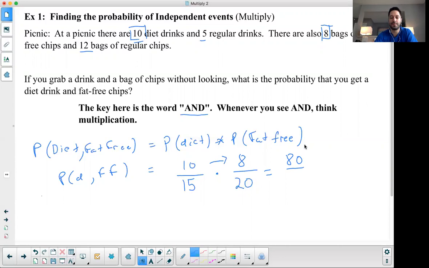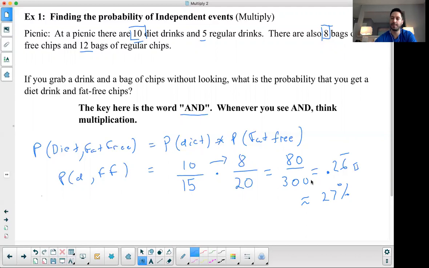So 20 times 15 is 300. And 80 divided by 300 is 0.26 repeating, or about 27%.